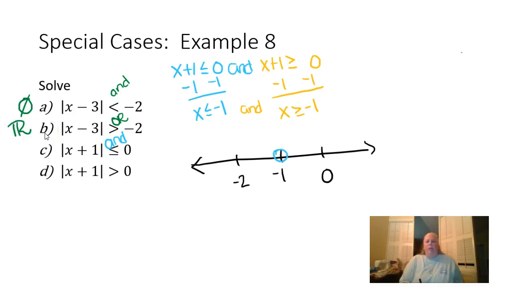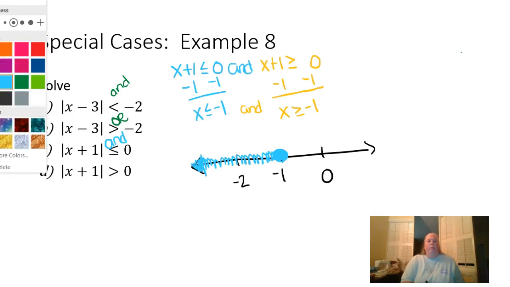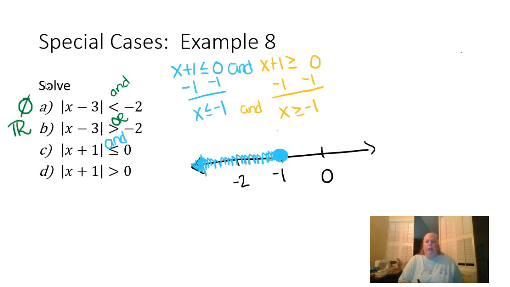It's going to give me a closed circle right here at -1, and we want to shade everything to the left. For the orange graph, we're going to put a closed circle around the -1 and shade everything to the right.